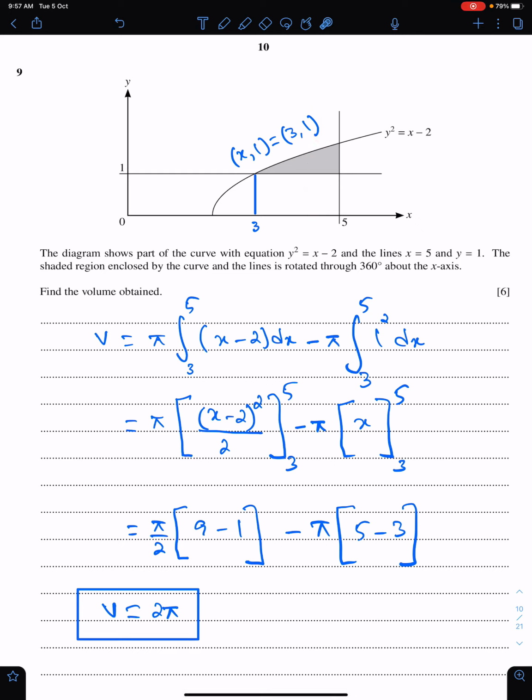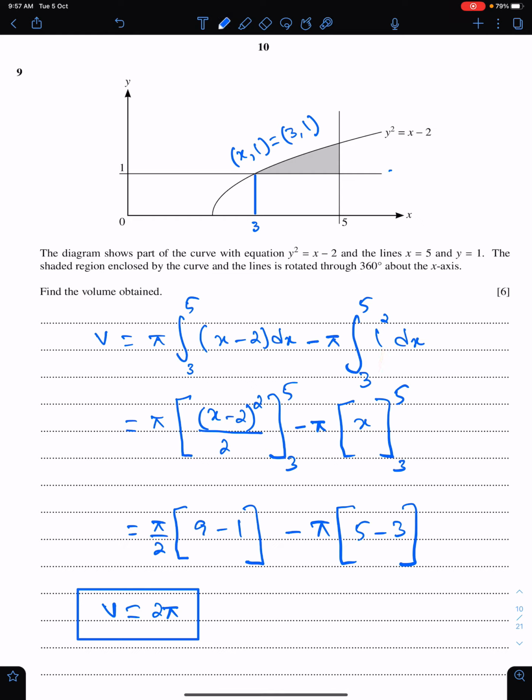Volume generated by the curve minus volume generated by this line. Make sure you write pi with both the integration formulas. When you integrate this, you will get this thing, power 2 divided by 2, and this one will become x.